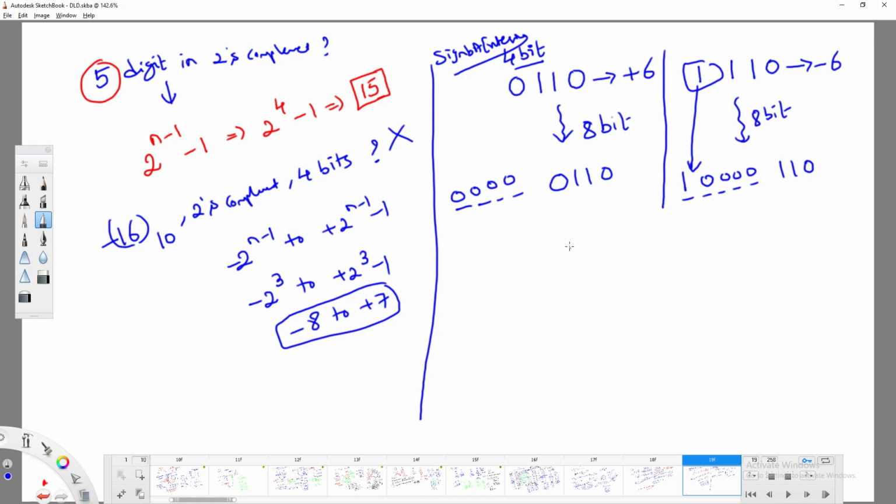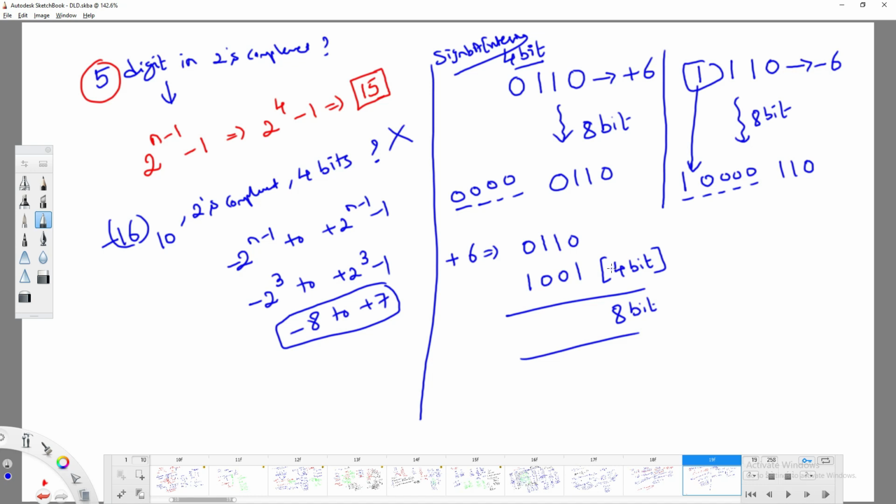Okay. For the same number, for example, in ones complement, plus 6 is actually 0110, right? In ones complement, what is its value? 1001, right? This is in a 4-bit system. What if I would like to extend it to the 8-bit system? What about the same plus 6 in an 8-bit system?